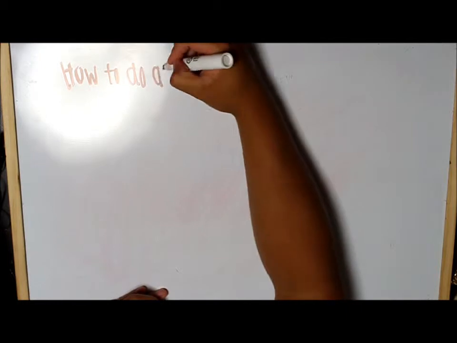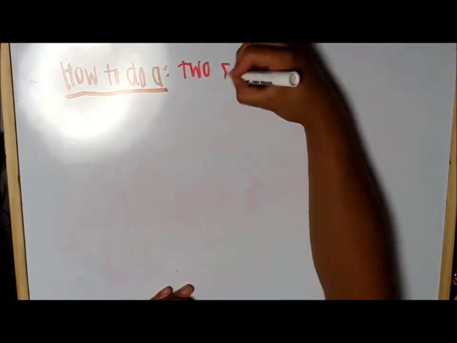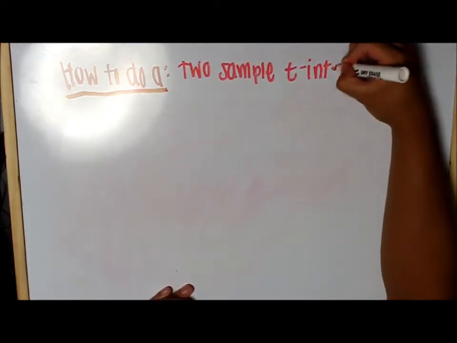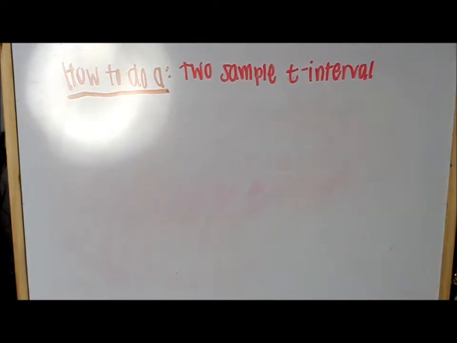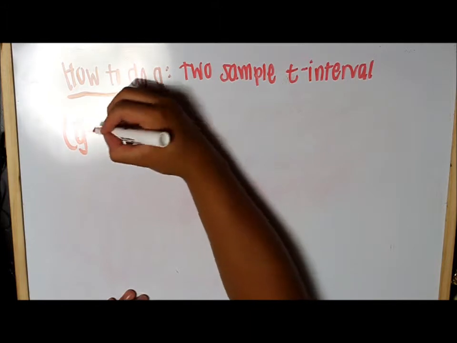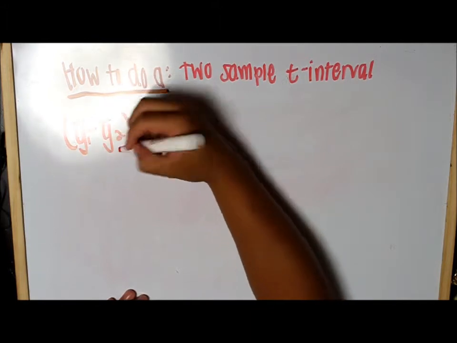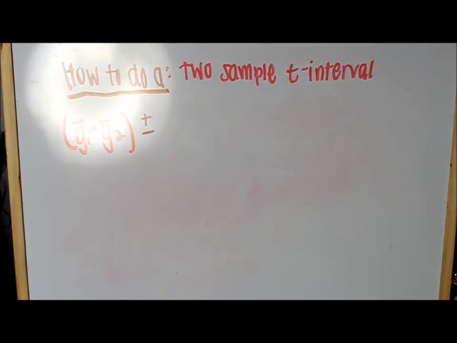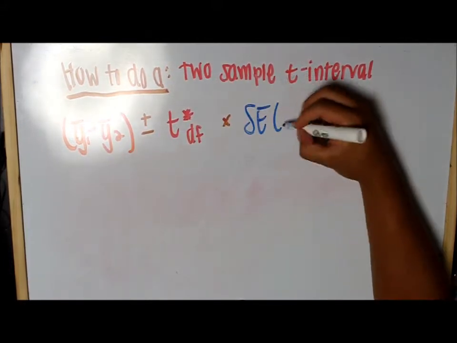Now I'm going to explain exactly how to do a two-sample t-interval. The equation for a two-sample t-interval is y bar 1 minus y bar 2, which is the mean of group 1 minus the mean of group 2, plus or minus t star times the standard error of y bar 1 minus y bar 2.